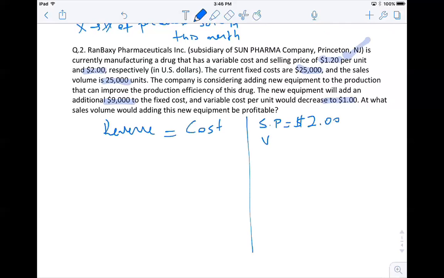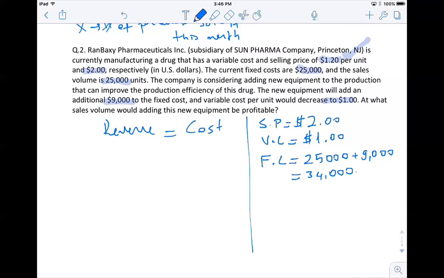Our variable cost, on the other hand, is going to go down to $1 after we make this improvement. What's going to happen to our fixed cost? Our fixed cost is going to be increased by $9,000, so we can represent our new fixed cost as $34,000.